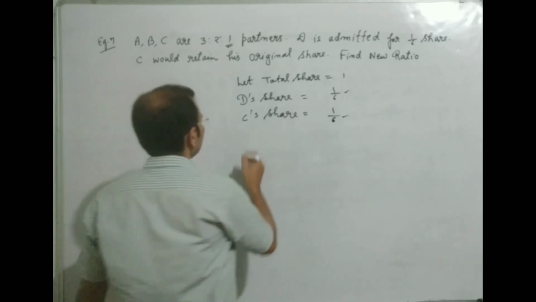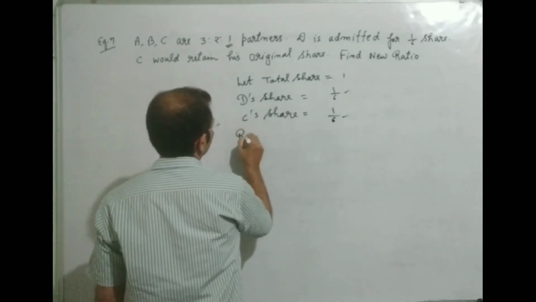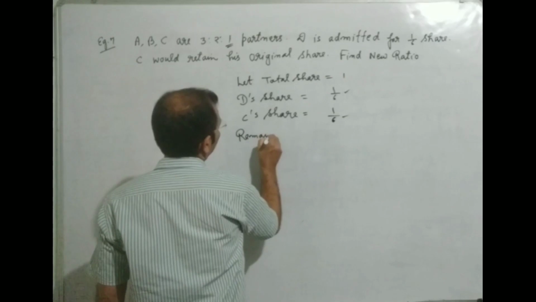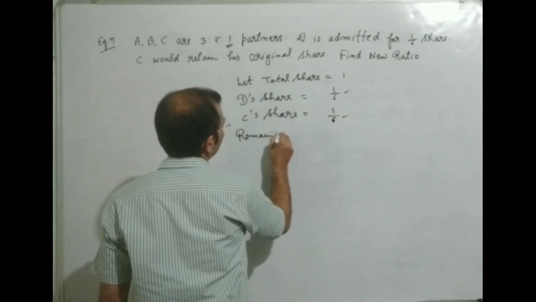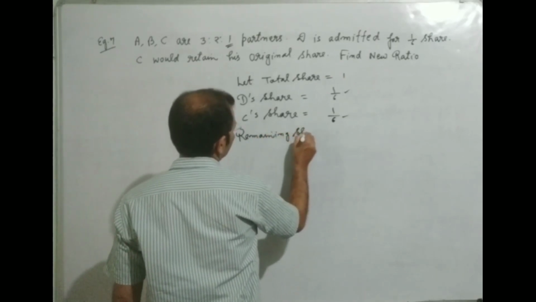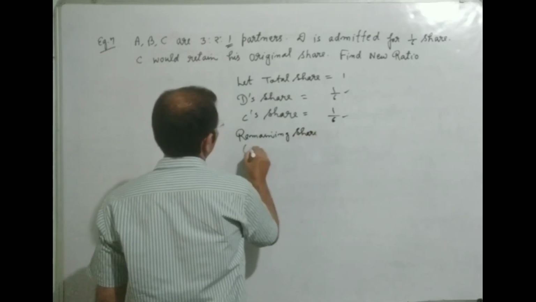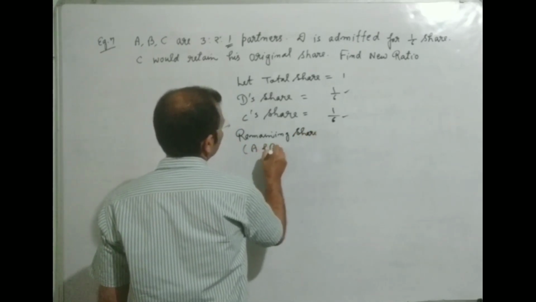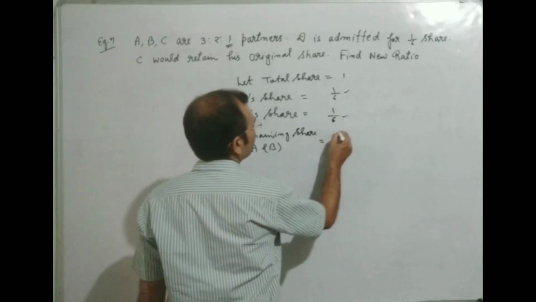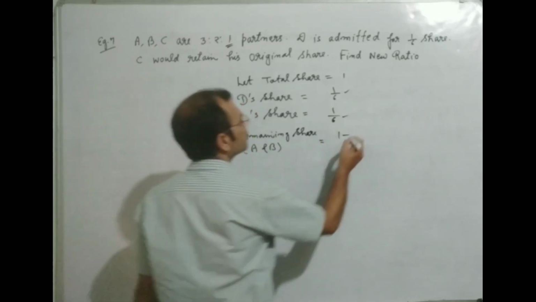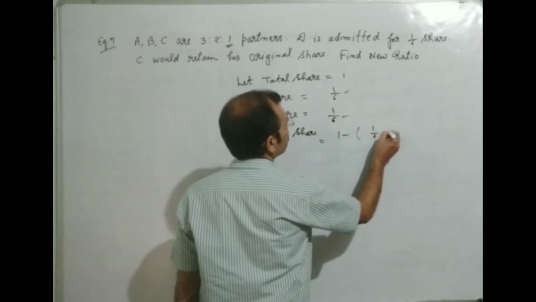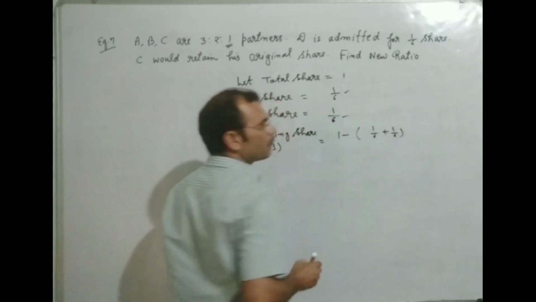So we will find the remaining share. The remaining share for A and B will be 1 minus (1/6 plus 1/6).